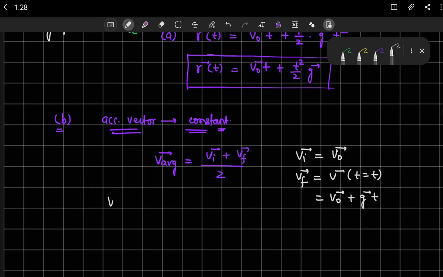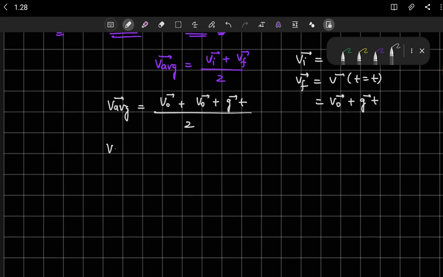So from here the average velocity vector we get as v0 vector plus v0 vector plus g vector into t, whole divided by 2. So the average velocity vector is equal to v0 vector plus g vector into t by 2. So this is the expression of the average velocity vector we got.